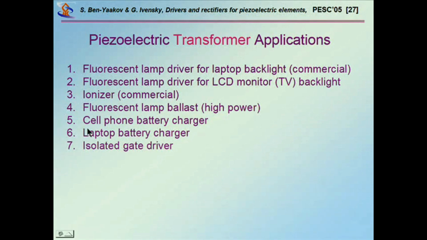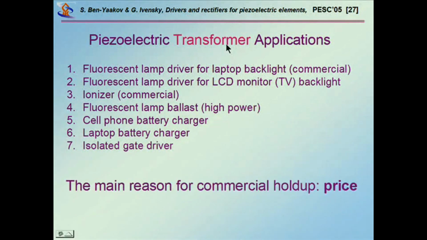And then there's been demonstration of chargers for cell phone and laptop battery chargers, and also as isolated gate drivers. All these were demonstrated, and there are many papers on that, but they're, as far as I know, not commercial as yet. Now, the main reason that some of these are not commercial is, of course, the price.